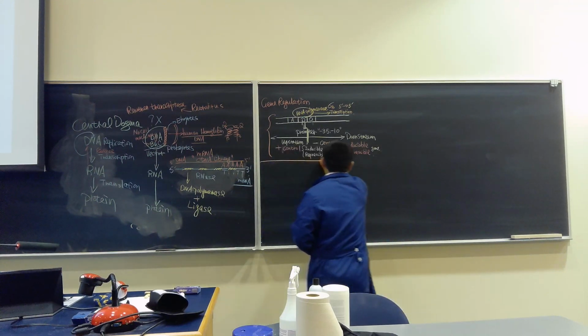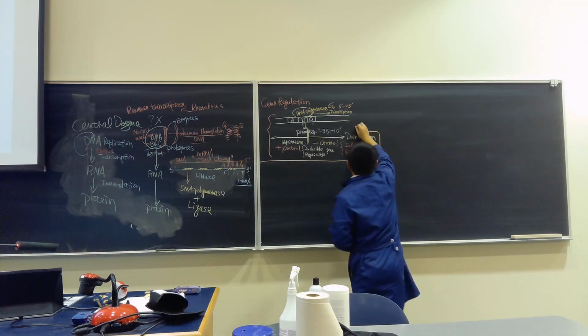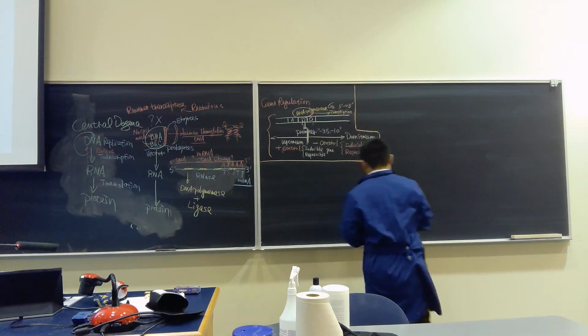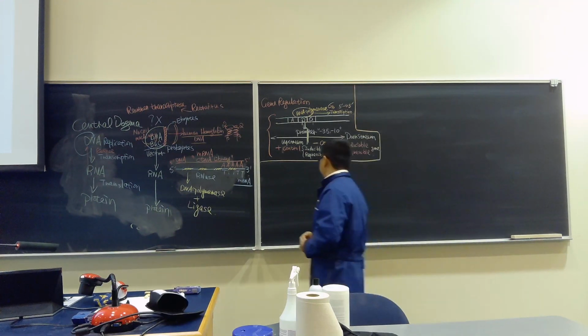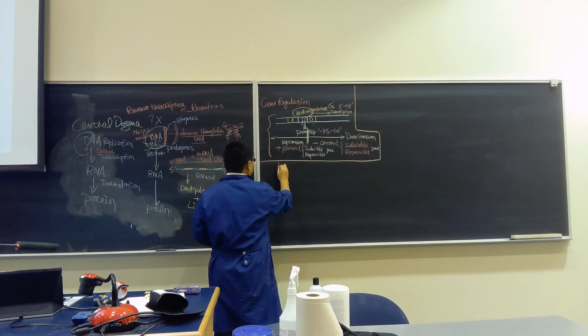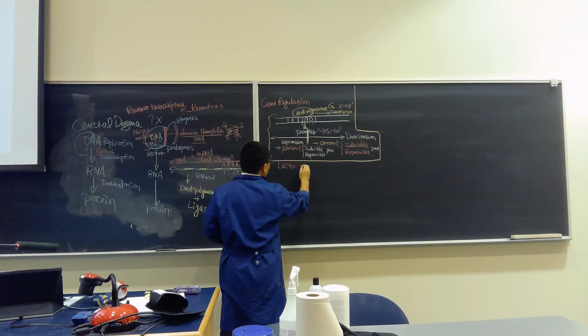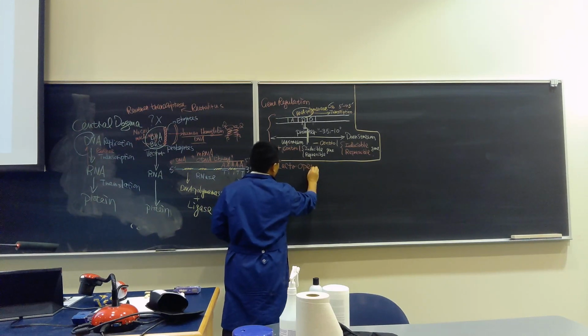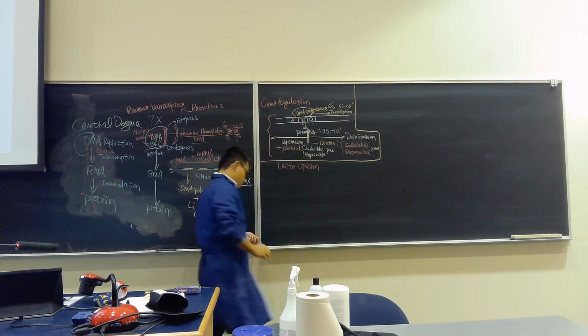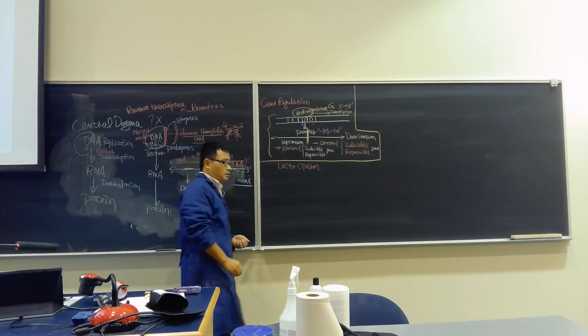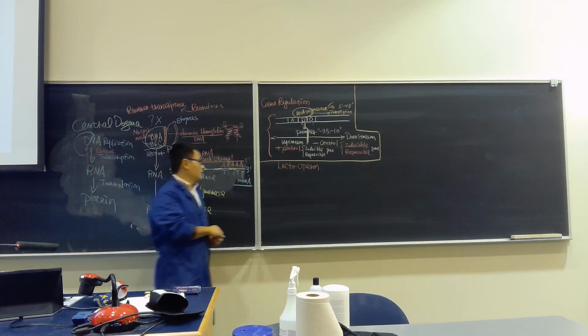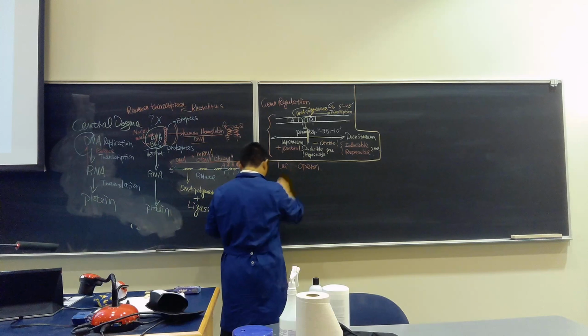So I'll just draw a circle right here to make sure this is the overall picture. Now we're going to talk about the lactose operon. First of all, what is the lactose operon?